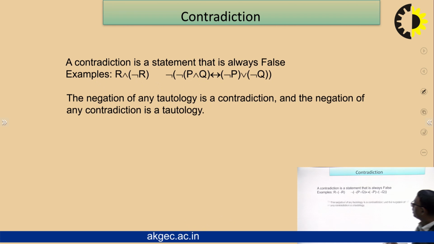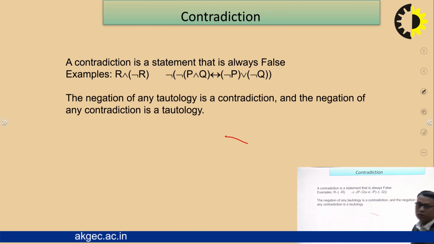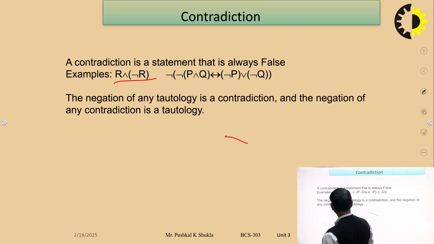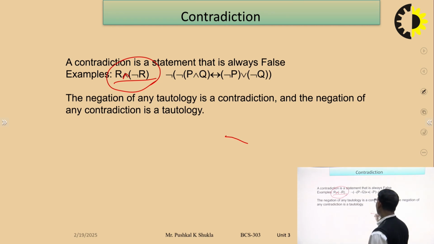Contradiction: a contradiction is a statement that is always false, whereas a tautology is a statement that is always true. For example, R and negation R, the value corresponding to this is always false.